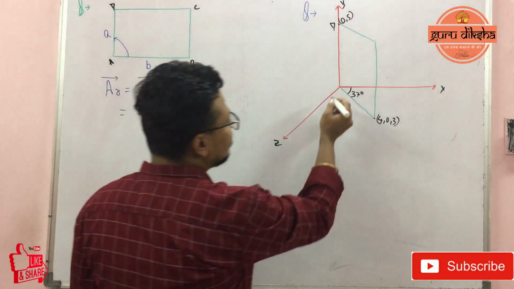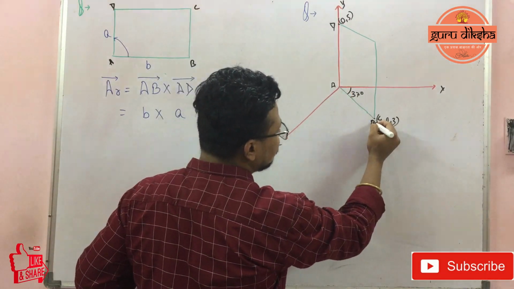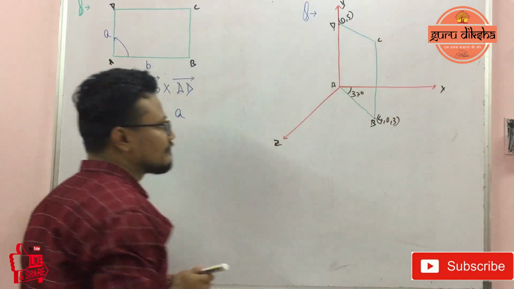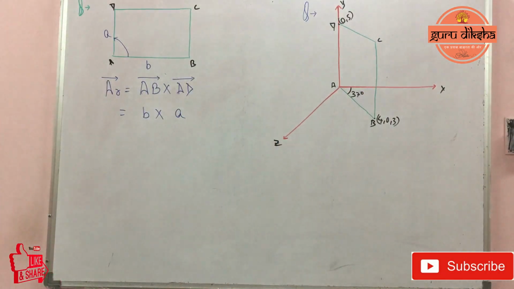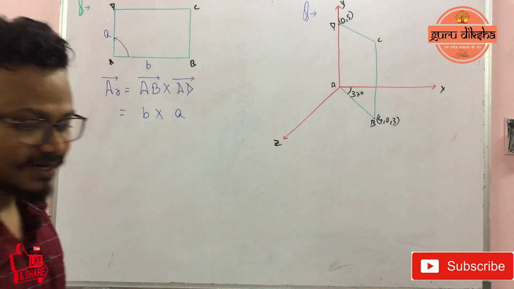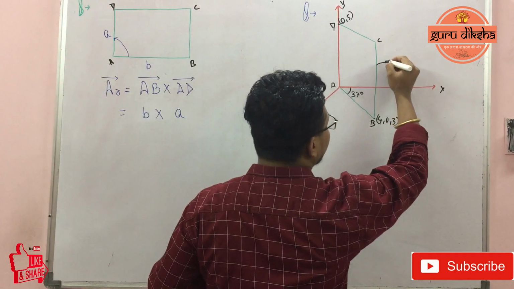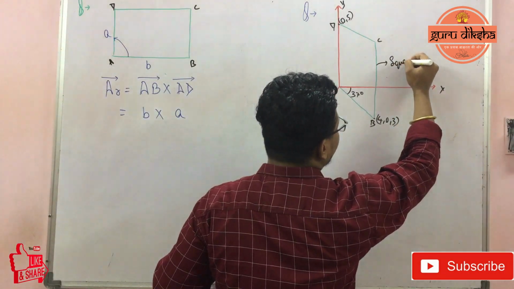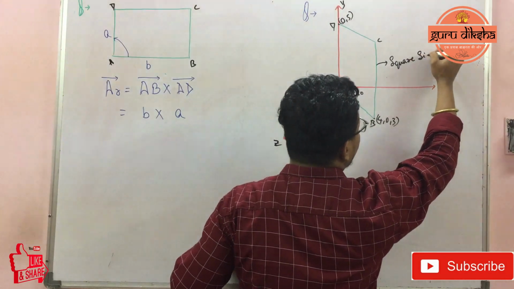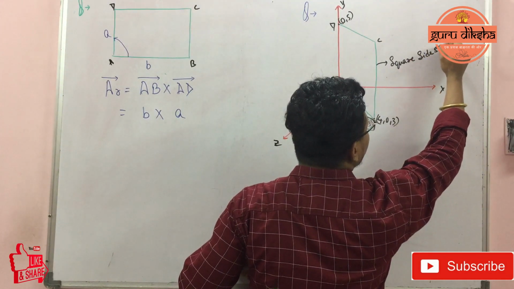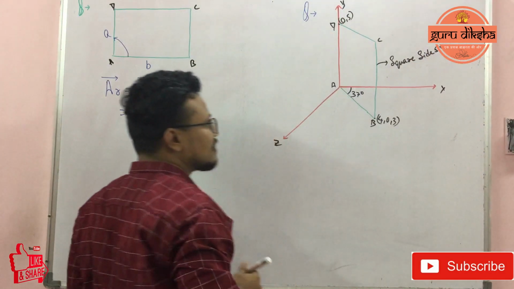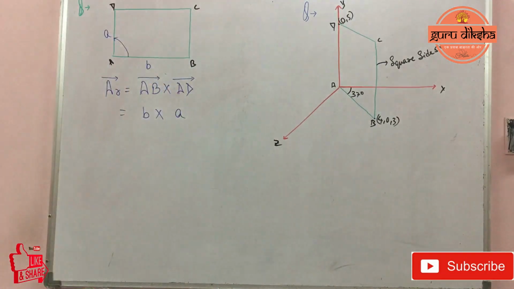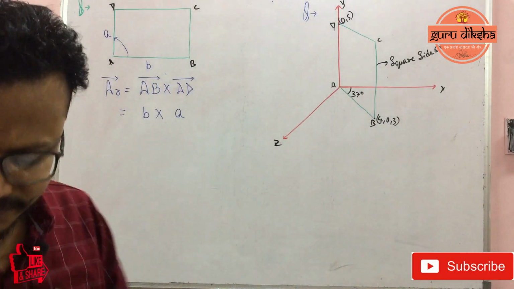I am naming this A, this is B, this is C. Achha. See now exactly how it is kept. First you understand how it is kept. It is a square, side is 5 meter.